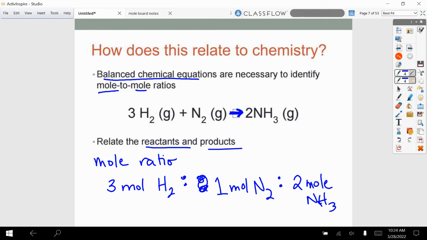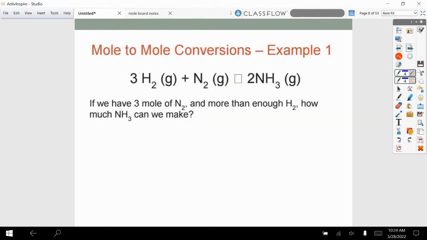We could set these up as conversion factors and they help us to solve some problems. So let's do that. If we have 3 moles of nitrogen and more than enough hydrogen, so that's not going to limit anything, how much NH3 could we make? We would set it up in this manner.